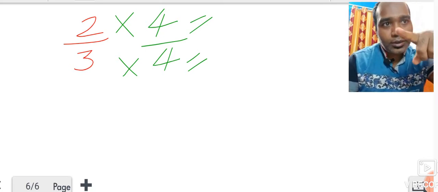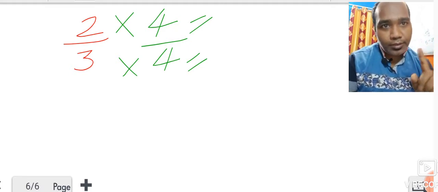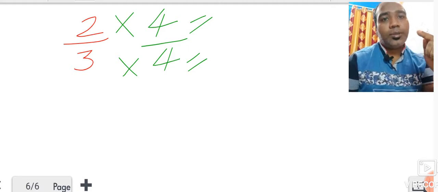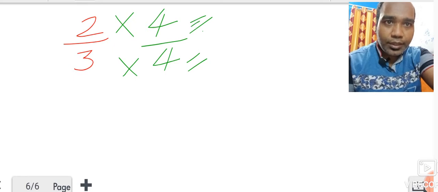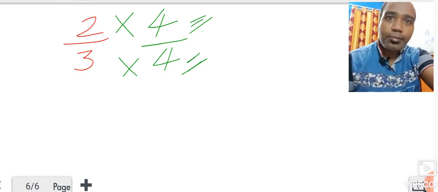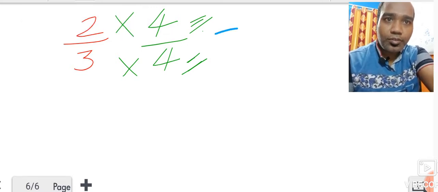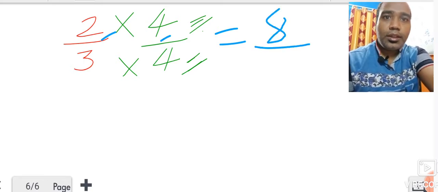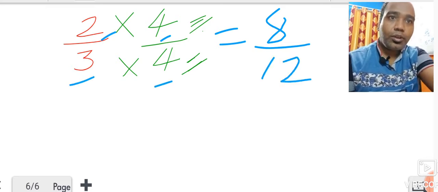If you multiply the numerator by 2, then multiply the denominator also by 2. So 2 into 4 is 8, and 3 into 4 is 12. Got it?